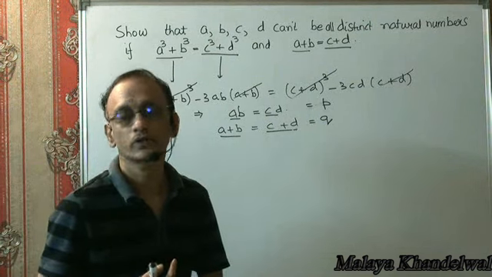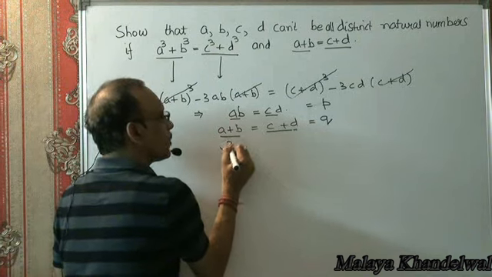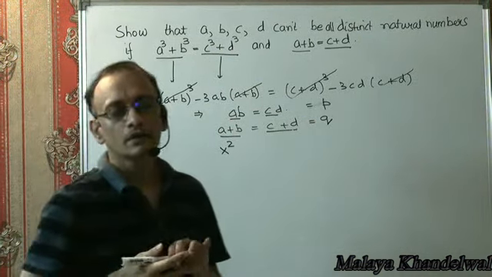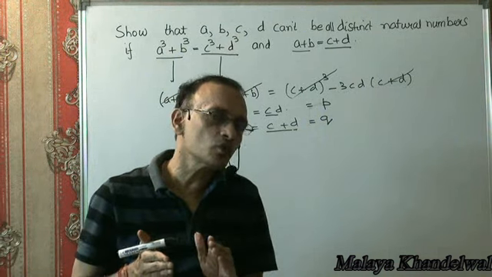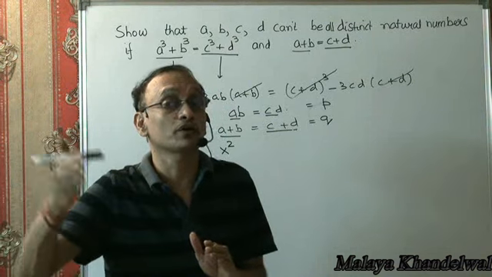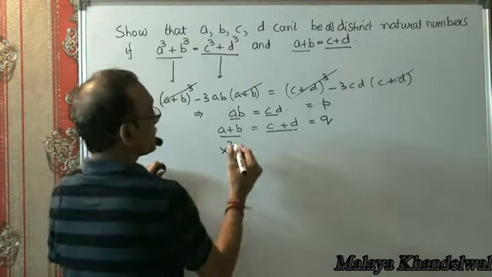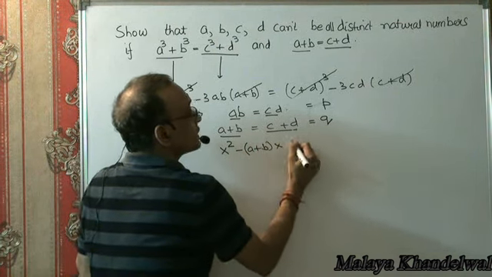Let me find a quadratic whose roots are A and B. So x square minus (A plus B) into x plus AB.